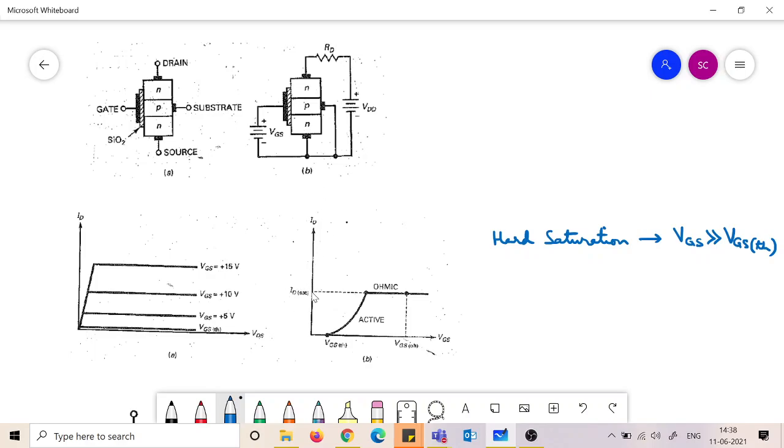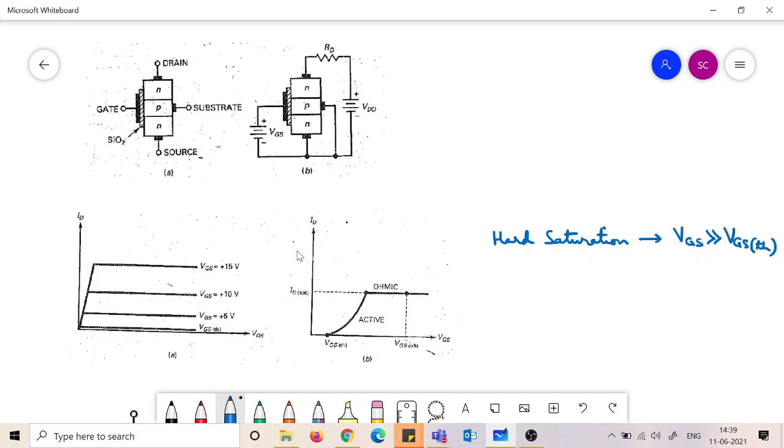So some ID set gets developed, and that simply continues after some amount of voltage. And in this region the semiconductor simply acts as a small resistance. It is an ohmic region now. Small resistance it offers now. So this is the thing.